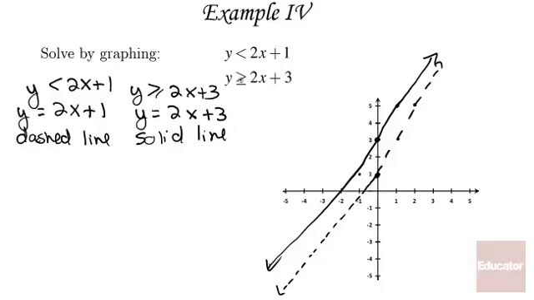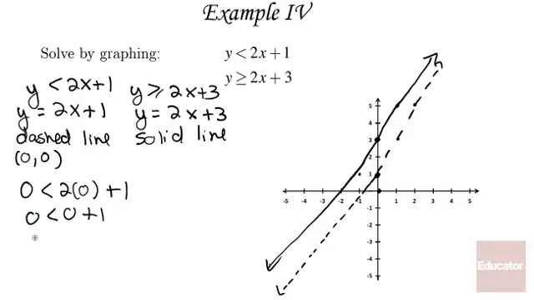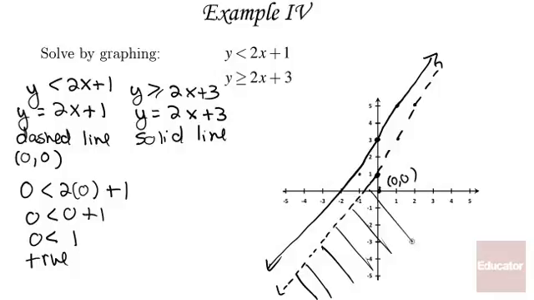Now, let's look at some test points for each. For this first one, let's use a test point of 0, 0 for this line. Substitute in. 0 is less than 2 times 0 plus 1. That gives me 0 is less than 0 plus 1, or 0 is less than 1. And that is true. So I've got this as part of my solution set. So it's the lower half plane.